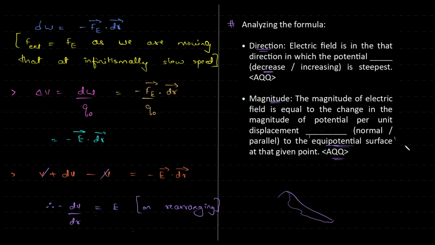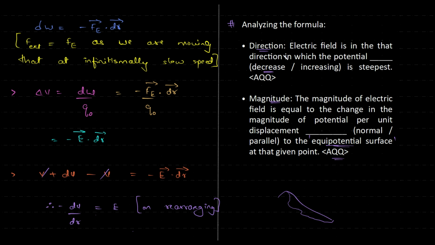See guys, this derivation is quite simple. We have pretty much done similar to this, just that two last steps we are changing. What you have to take away from here is that the electrical field will point in the direction opposite to the steepest increase of potential difference, potential energy.